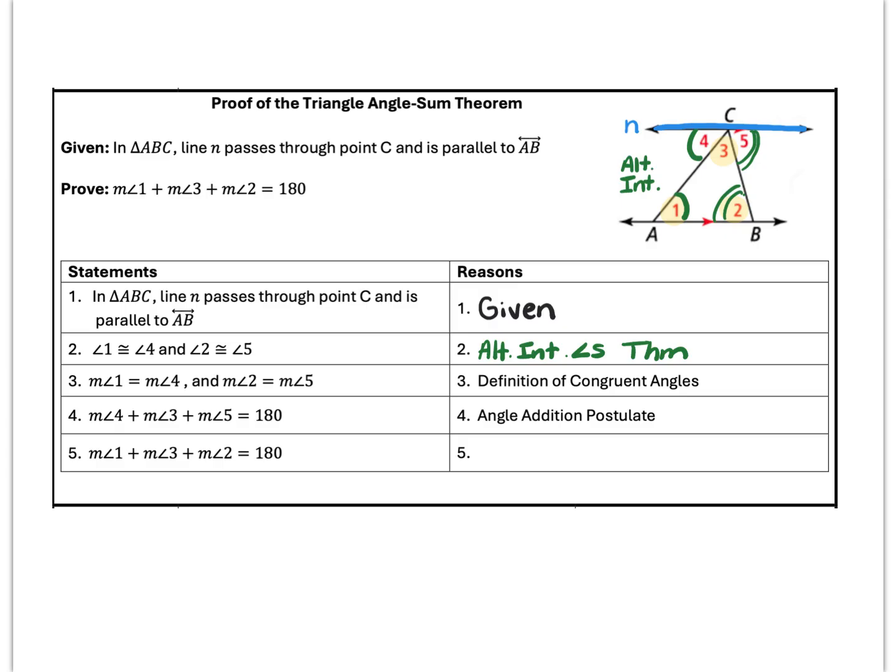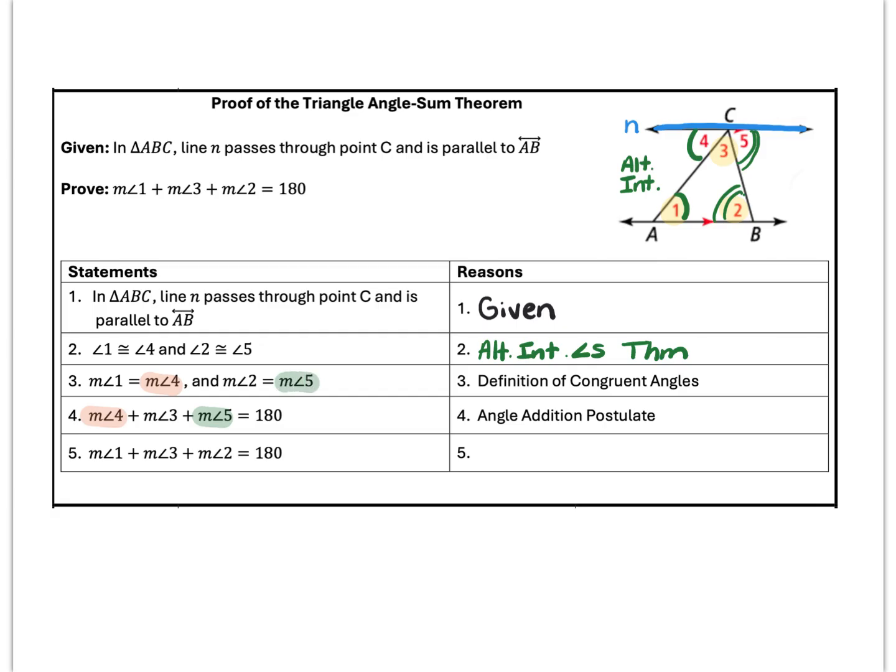So now here's where the magic happens. We are going to do some substitutions here. So notice that angle 4 is the same as angle 1. Similarly, angle 5 is the same as angle 2.